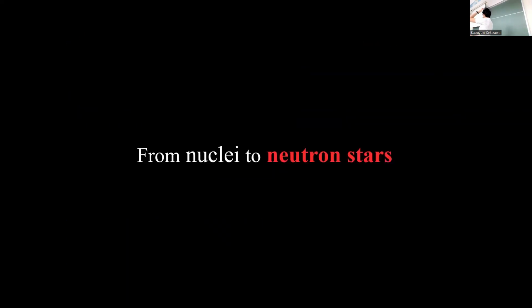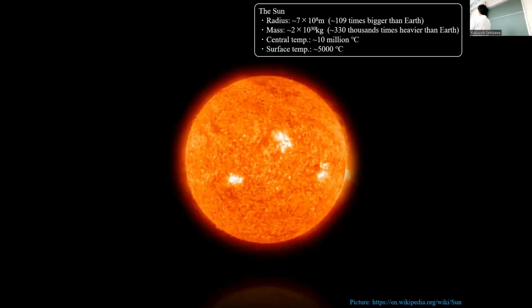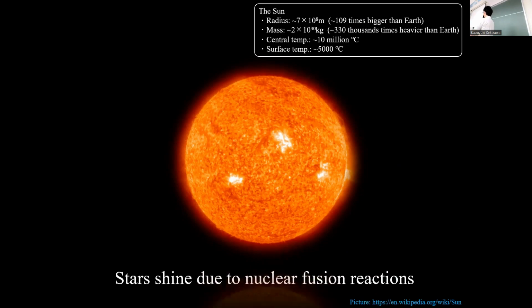So how is it connected? This first part was already shown in my first lecture, so I will go quickly. This is one typical example of a shining star, the sun. The energy source of this object is actually nuclear fusion reactions.